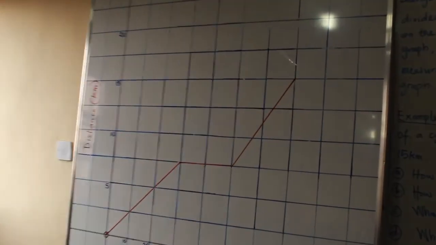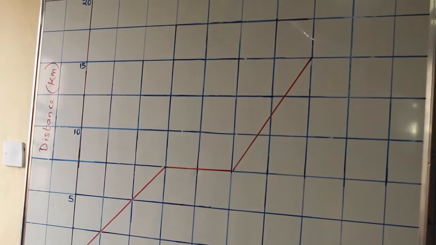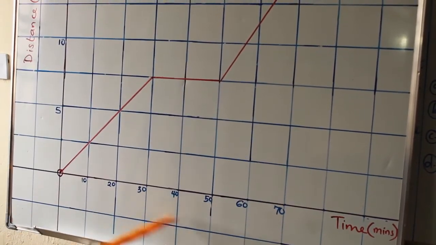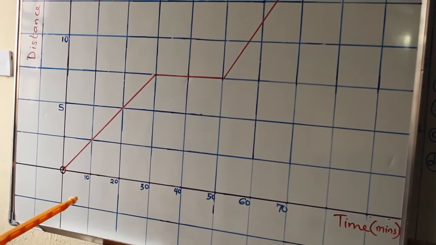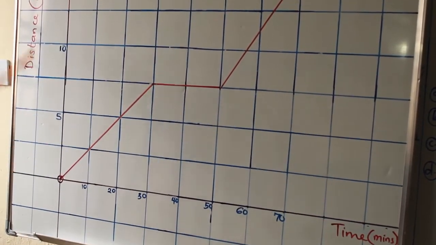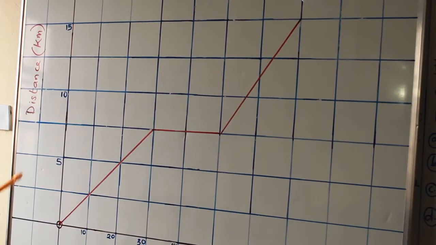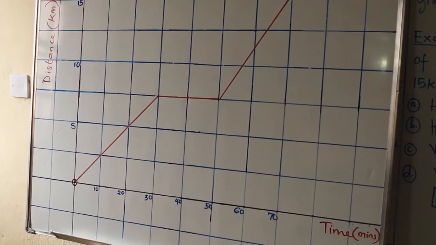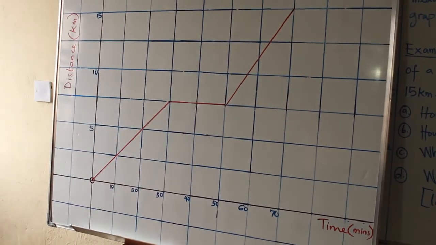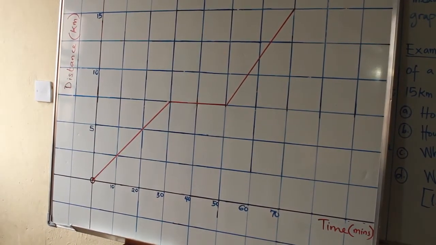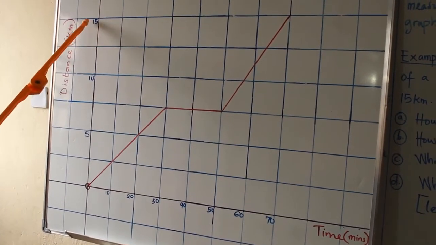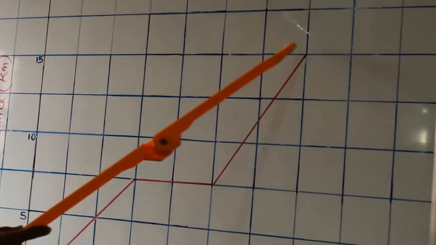Like I said earlier, all travel graphs have time on the horizontal axis, and this is a distance time graph. That's why it has the distance on the vertical axis. This is the graph of the cyclist, and we're told that his journey was 15 kilometers. Distance is in kilometers, so at 15 kilometers, this is where the journey stops.